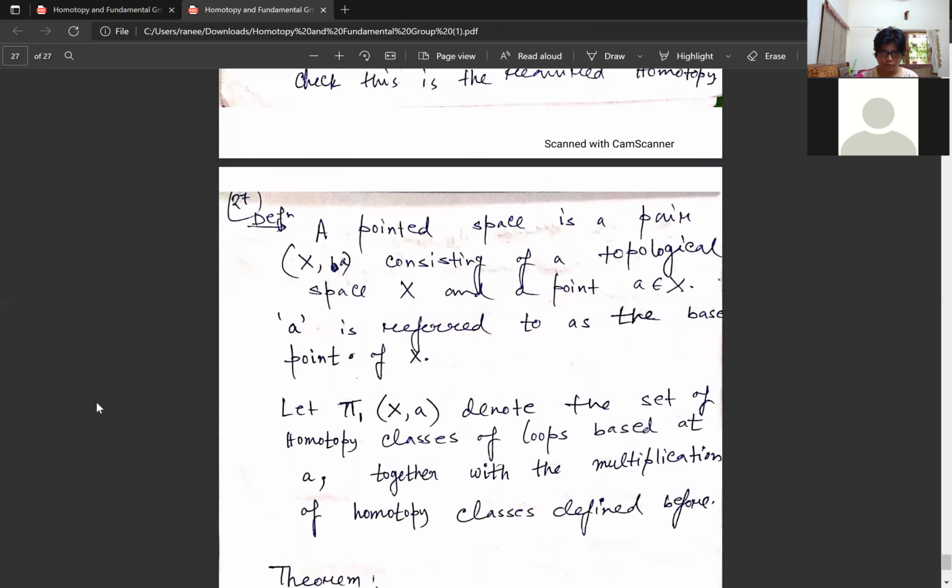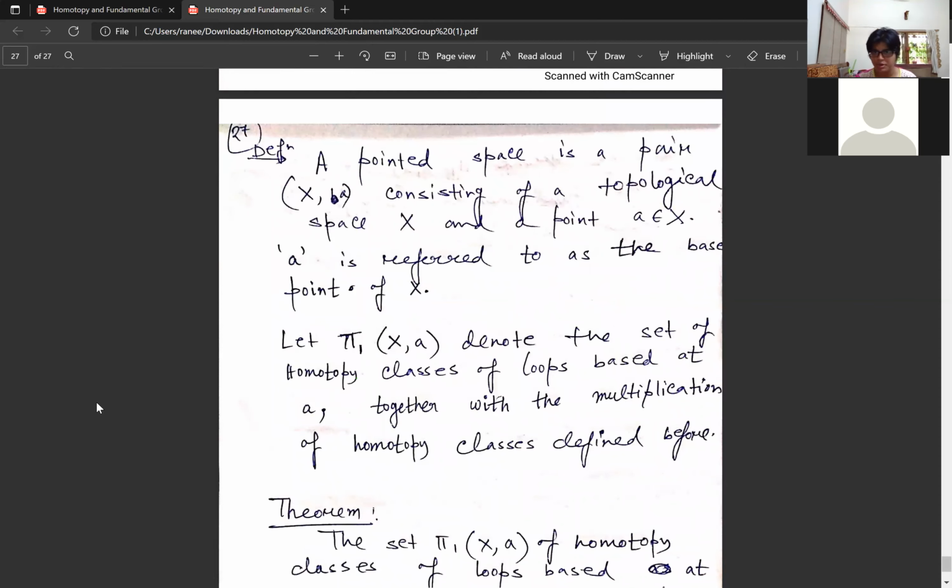Okay, so now a pointed space X. A pointed space is a pair X comma A consisting of a topological space X and a point A belonging to X. So A is referred to as the base point of X. It's nothing special, but we are linking the space X with the point A in some way.